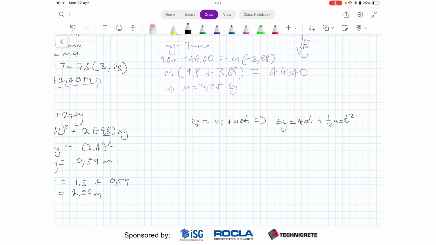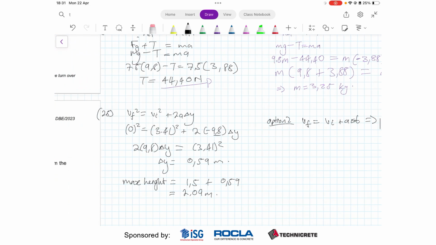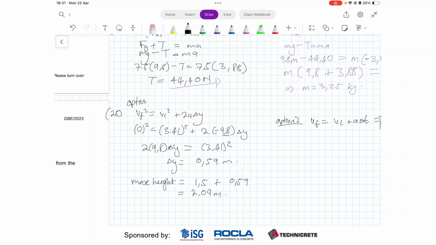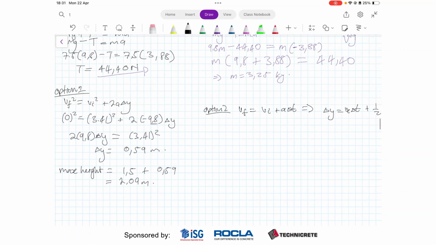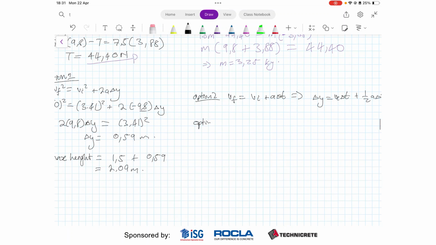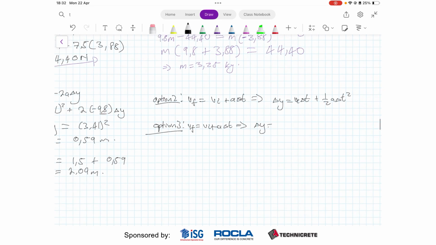This is option 2. This is option 1. Okay. Option 3. Your option 3, you could have started with Vf equals Vi plus a delta t, which should have taken you into delta y equals Vi plus Vf over 2 delta t.